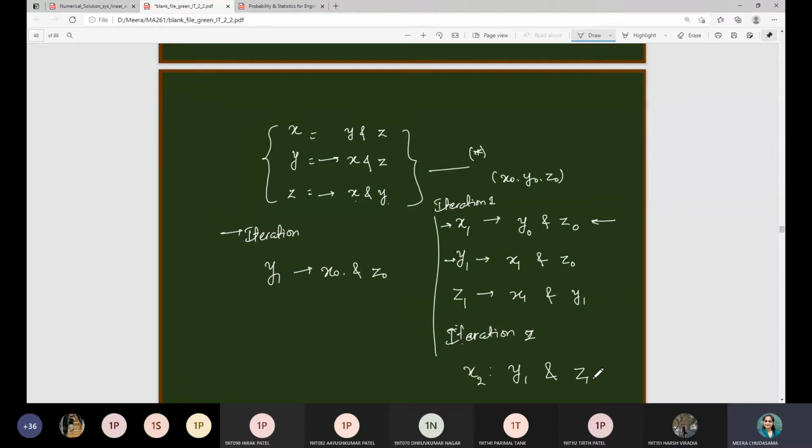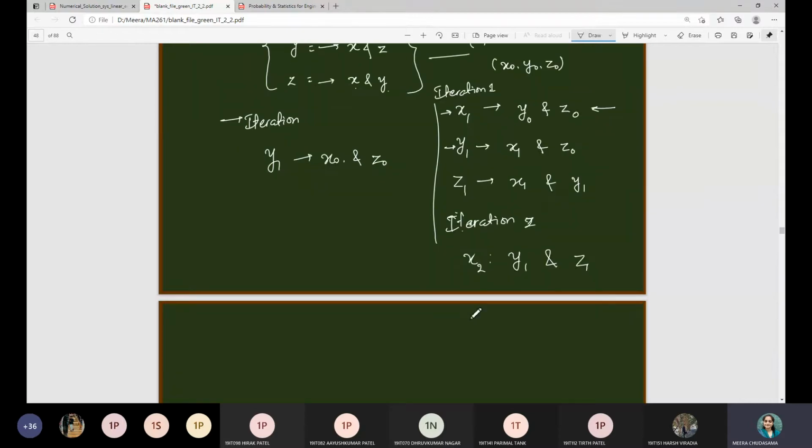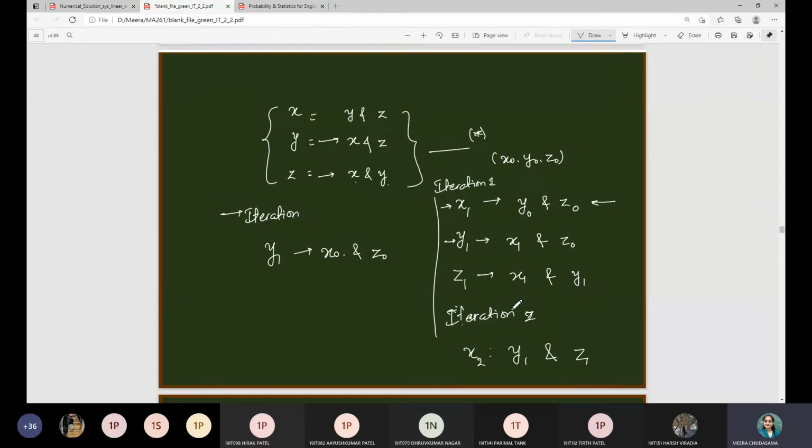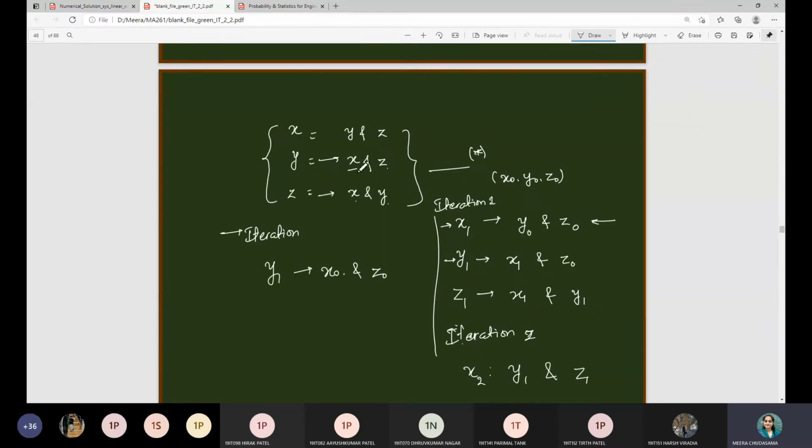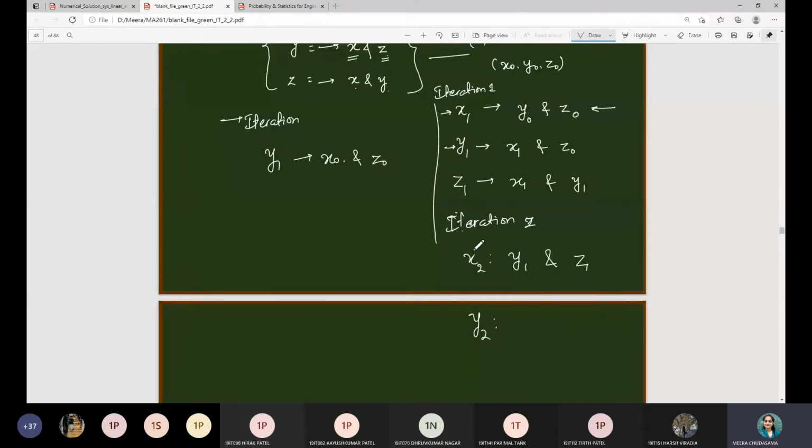But when you compute y2, it will be the representation in terms of the x variable and the z variable. For the x variable, the newly computed value is the second approximation. That means we have to substitute x2 for x, and the last approximated value of z is z1, so you have to consider that. While considering z2, it will be in terms of x2 and y2. Likewise, you have to go on.